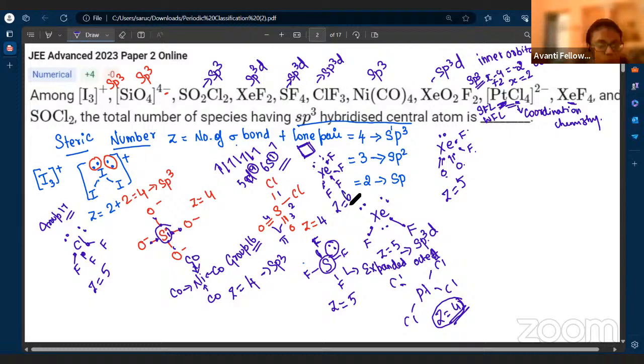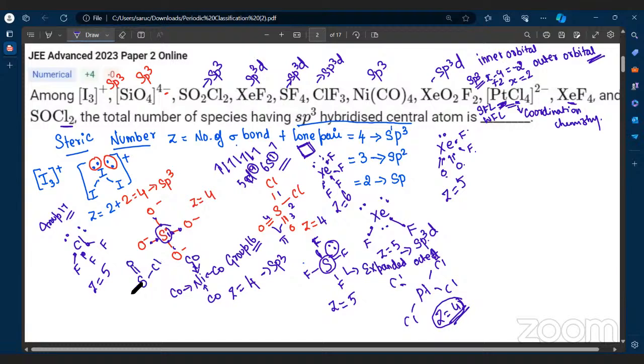Now SOCl2. What will be the hybridization of SOCl2? I'll write it somewhere over here. What will be the number of lone pairs? 1 lone pair.